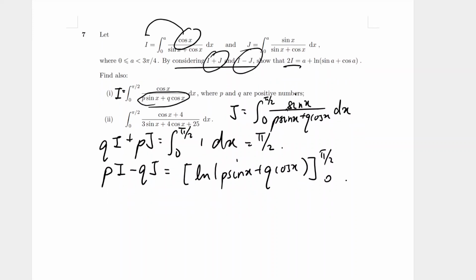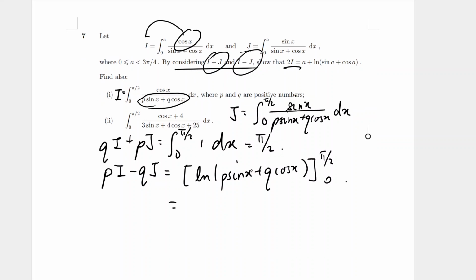Okay, and now let's just solve this. If I put that in, what does this become? If I put in pi on 2, this becomes ln p minus ln q. I suppose it should be. Okay, good. So now I'm left to solve really annoying simultaneous equations.